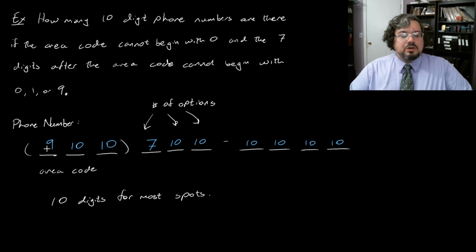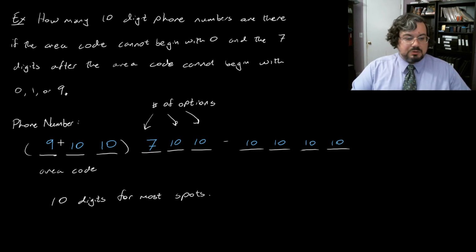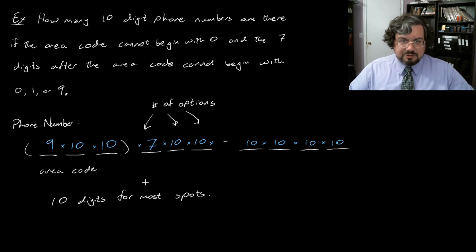So we could imagine constructing a phone number by making an explicit sequence of choices. We're going to choose the first number, the second number, the third number, and so forth and so on. And at each step, we will have some number of options, usually 10, but with some restrictions elsewhere.